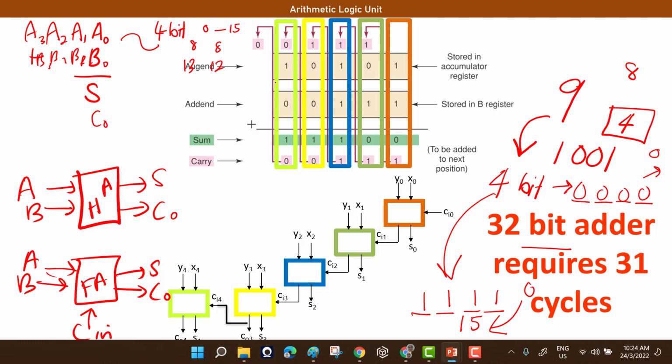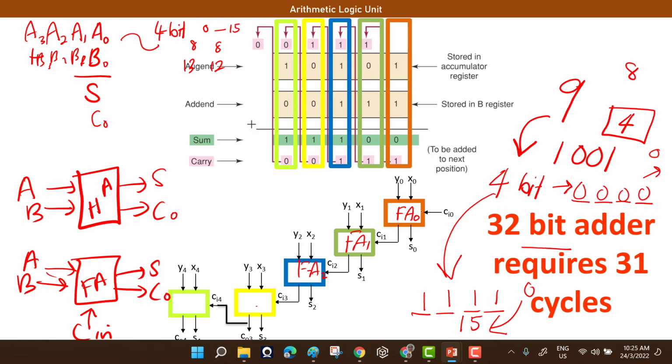So for the example that we saw yesterday with the 5-bit representation, whenever you have more than 1 bit addition, one way to execute it is by arranging full adders in such a way. To add the first LSB, least significant bit, the first column of addition, we use full adder 0, then full adder 1, full adder 2, 3, and so on, depending on the number of bits required.